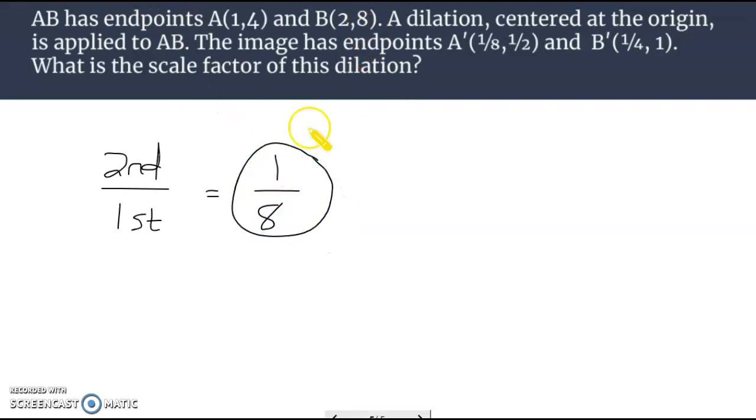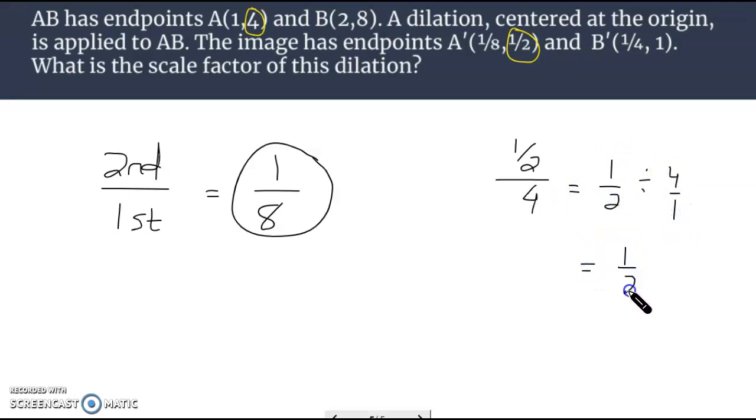Now, just to prove that we could have used any number, let's test it out with the y coordinate of A prime and the y coordinate of A. Let's see if we do, in fact, get the same result. In this case, our second number is 1/2 and the original number is 4. 1/2 divided by 4, I can rewrite as 1/2 divided by 4 over 1.